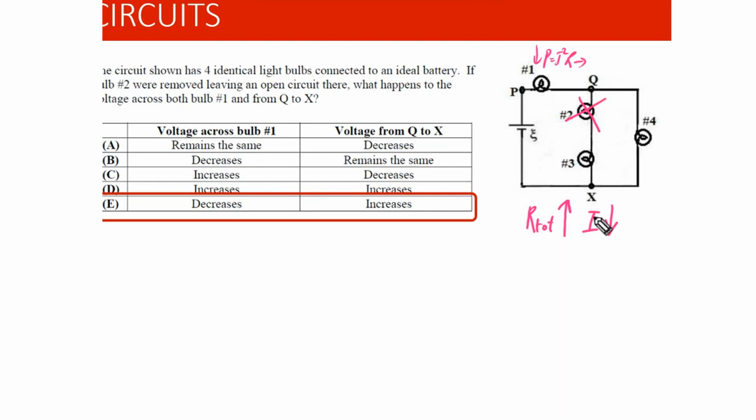Total resistance increases, I will decrease. When I decreases, it means the power of this one will decrease, but the power of this one will increase, because the I through this one will increase. So the answer should be E. So this is how you can figure out. So this is one thing you have to understand, then you can figure it out.